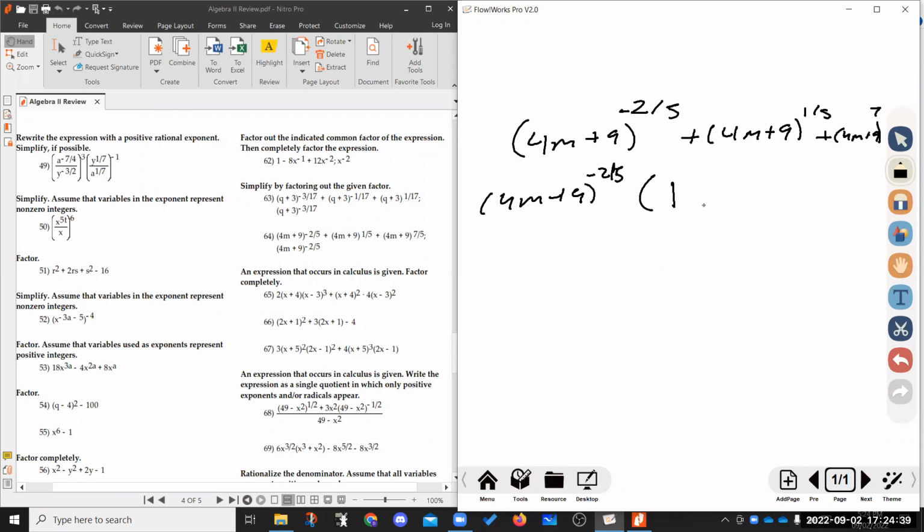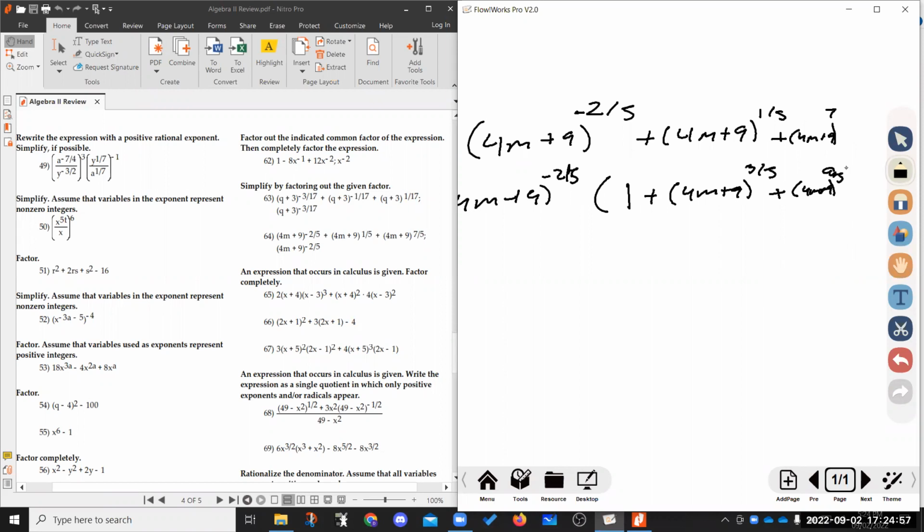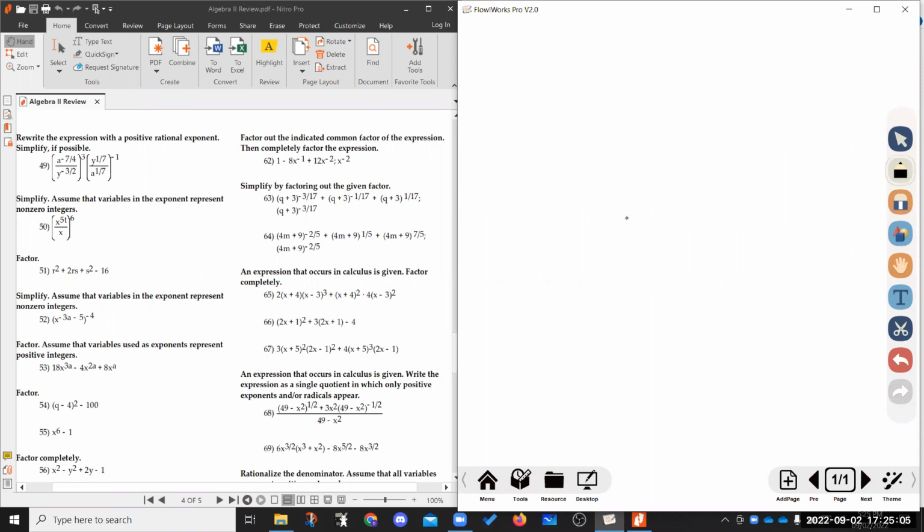And then 2/5 plus 1/5 is 3/5. And plus (4m+9) to the 7/5 plus 2/5, which is going to be 9/5. And we'll be done with that there. No reason to continue there.